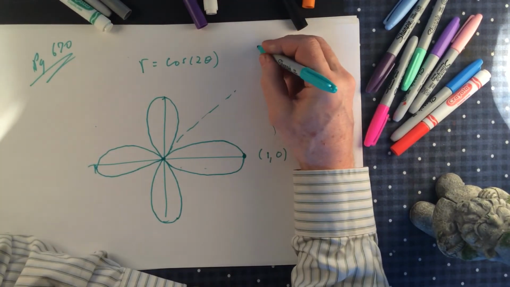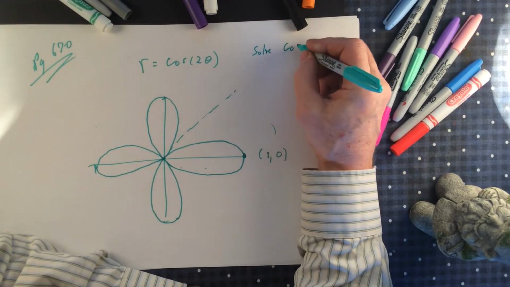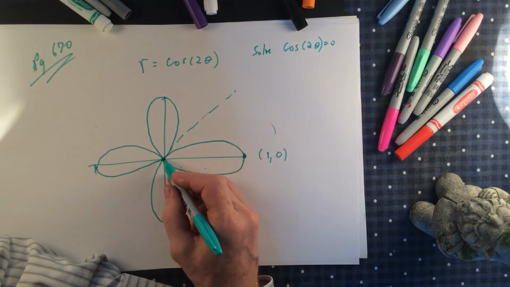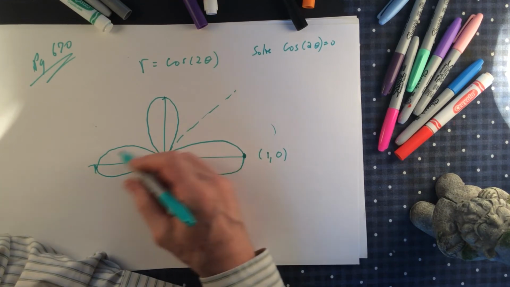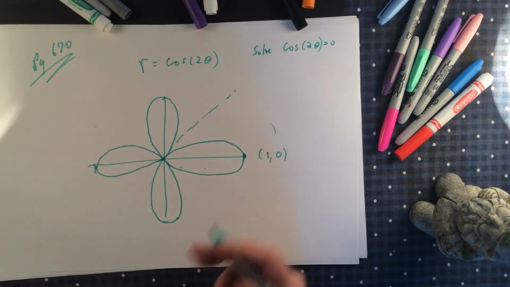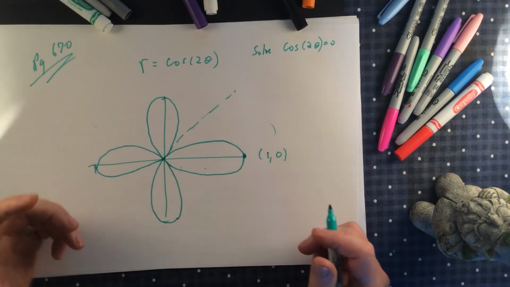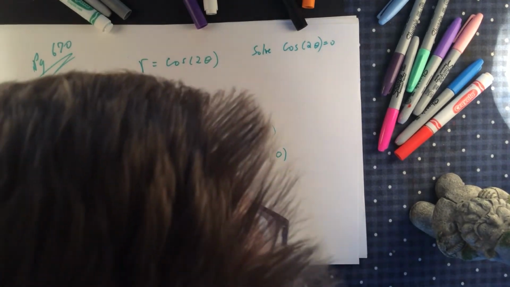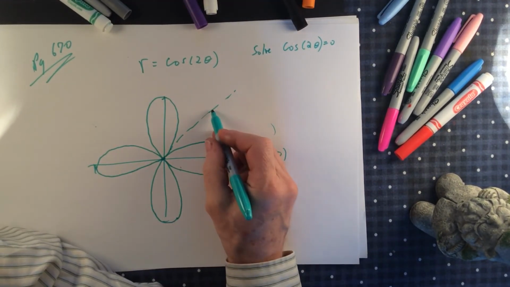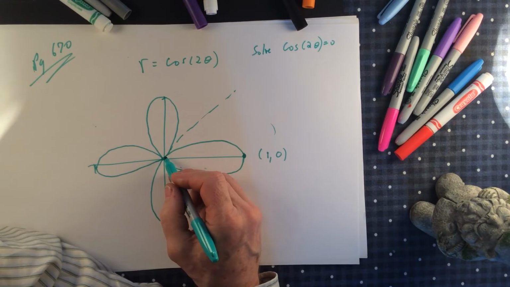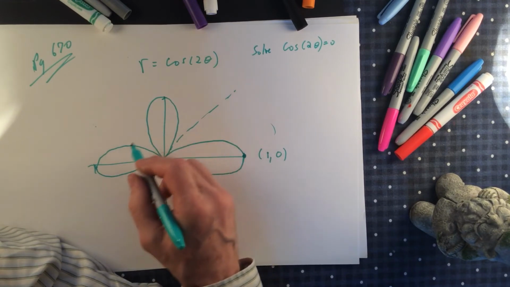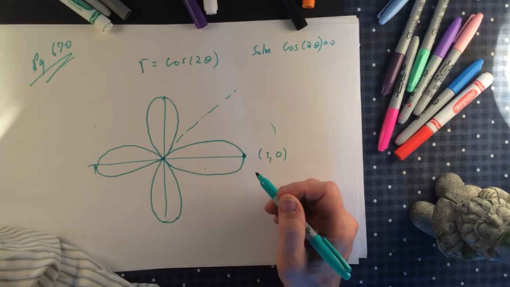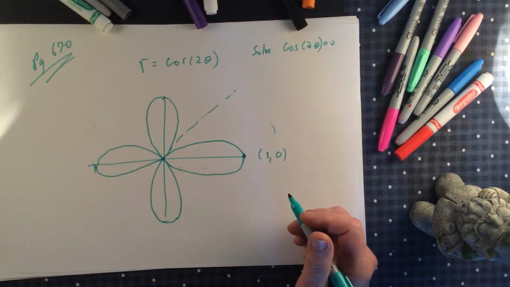So we want to go back to pre-calculus and solve cosine of 2 theta equals 0 and understand why it is that we were there once, twice, 3 times, 4 times to make this. And over what angles did that require us to make it? So if you think about it, it took 0 to pi fourths to get this. There seem to be 1, 2, 3, 4, 5, 6, 7, 8 of those half loops. It looks like we might take a whole 2 pi to go around. I'm not sure. Let's find out.